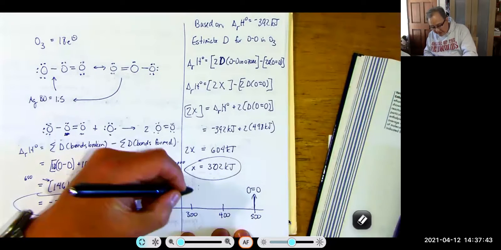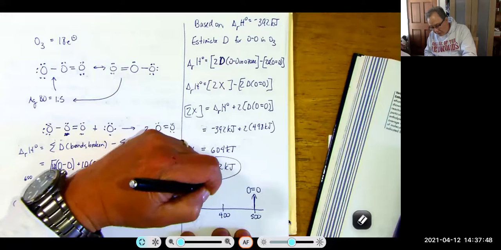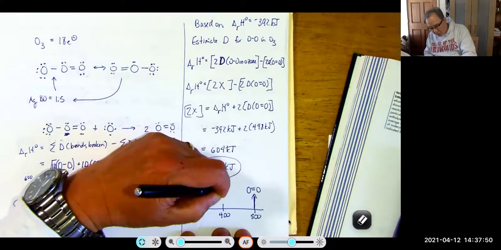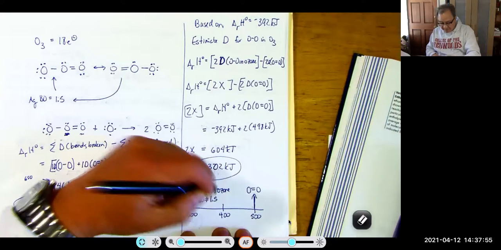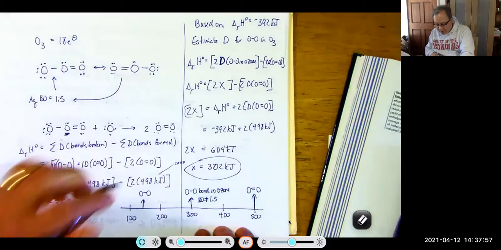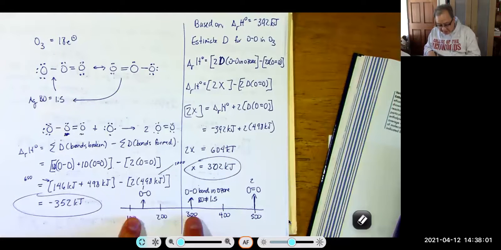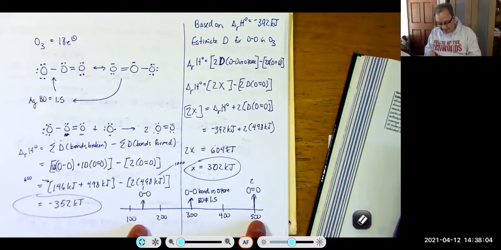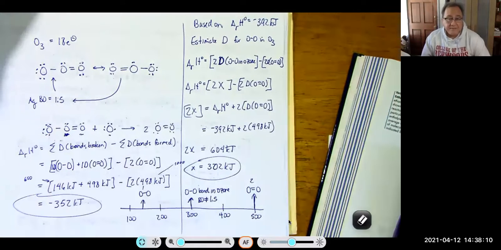And this is the oxygen-oxygen bond in ozone, which we think has a bond order equal to 1.5. And so here, if this is a bond order of 2 and this is a bond order of 1, wow, look at that. That is kind of right down the middle between the two, isn't it? So that means that each of these bonds is pretty much the same. And they really are like 1.5 bonds.